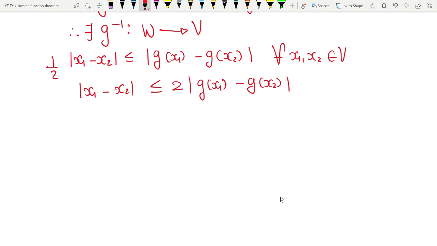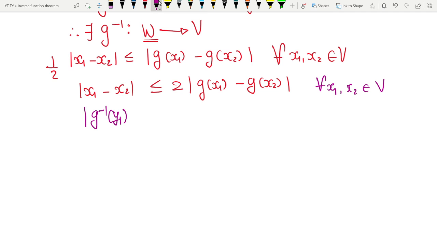Since I want to talk about G inverse, which starts from W, I should talk about points in W, so every point should get an inverse now. This is true for x1 and x2 inside V, so x1 and x2 can be written as the inverse of some point.